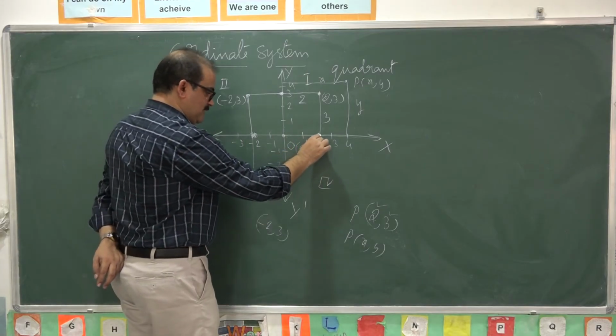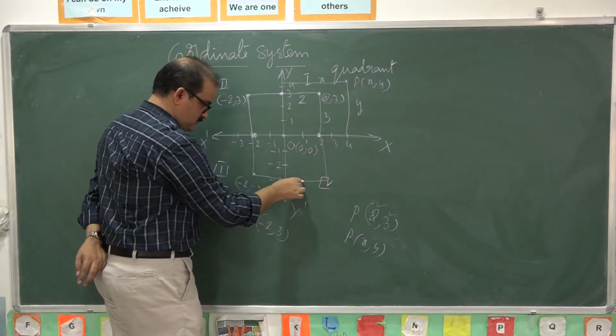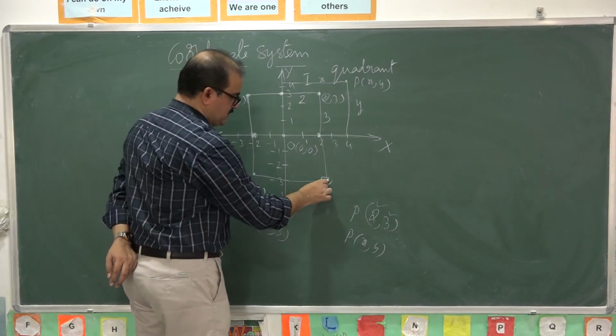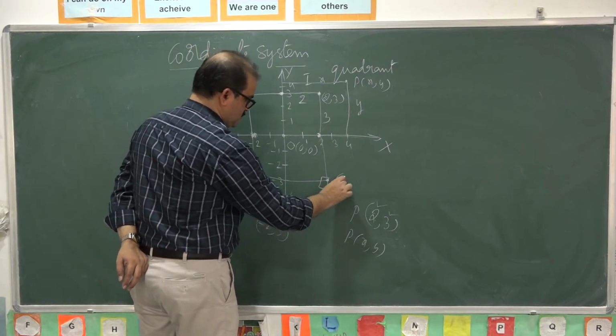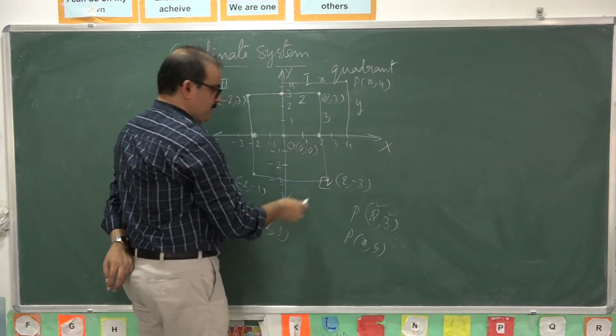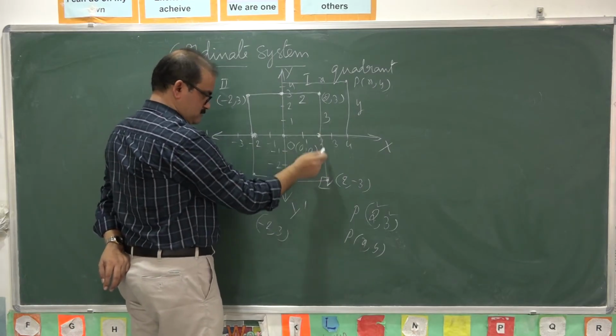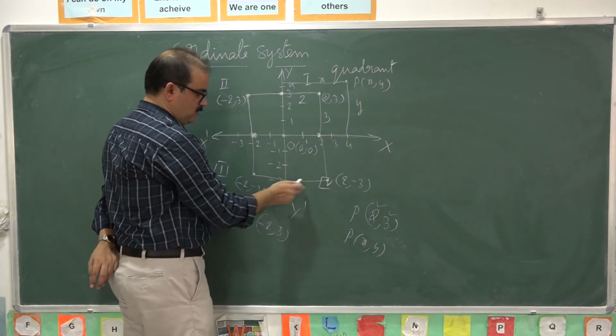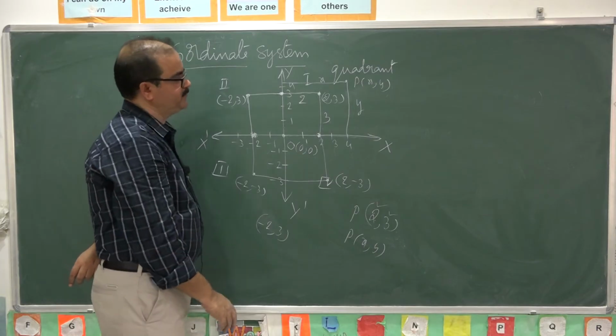If a point lies in fourth quadrant, then what are its coordinates? 2, -3. Because in fourth quadrant, x positive and y coordinate is negative.